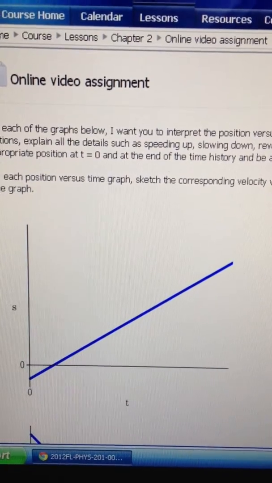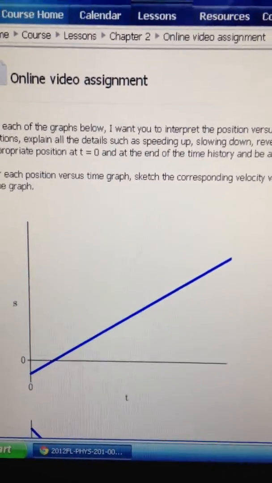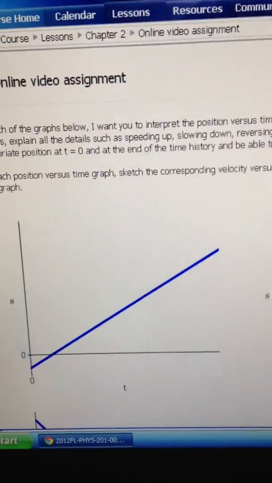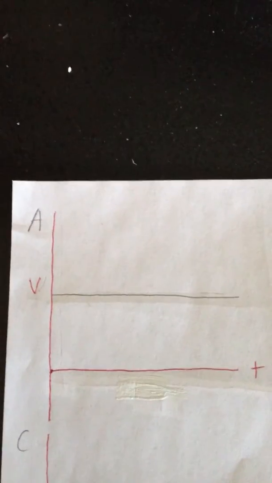It's consistently increasing, which means that the velocity is going to stay the same in the positive direction. So the velocity versus time chart would look something like that. Just a flat line to show that the velocity is positive and going the same direction, in the positive direction.